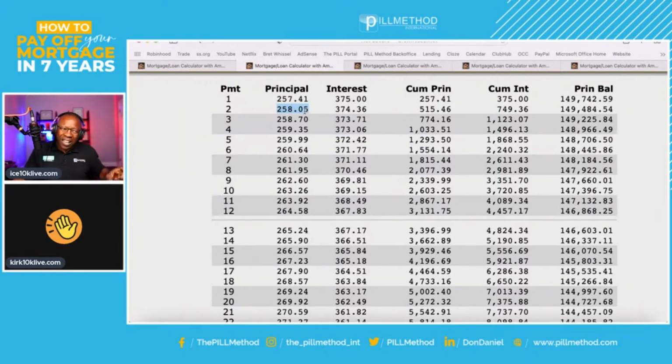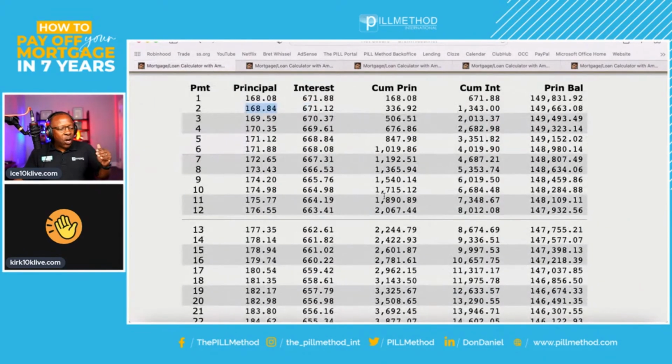I'm going to go back to our higher interest rate loan and show if we prepay the $2,067.44, we knock off 12 payments immediately and save ourselves a ton of interest. We're down to line 12 in January, and our next February payment is actually on line 13 of this schedule for giving the bank $2,067.